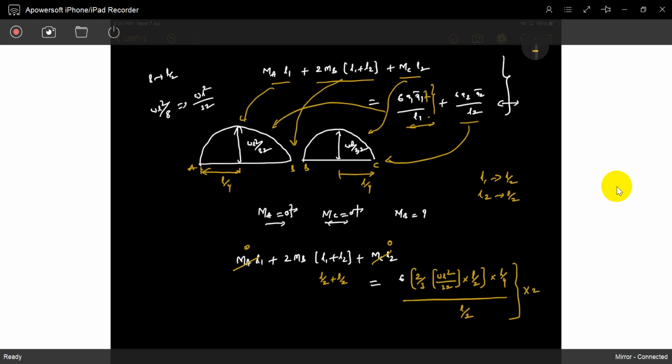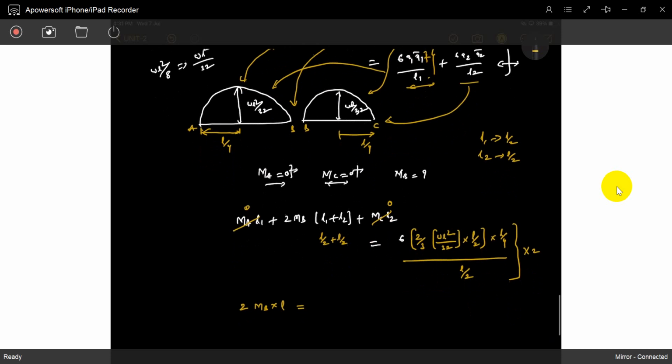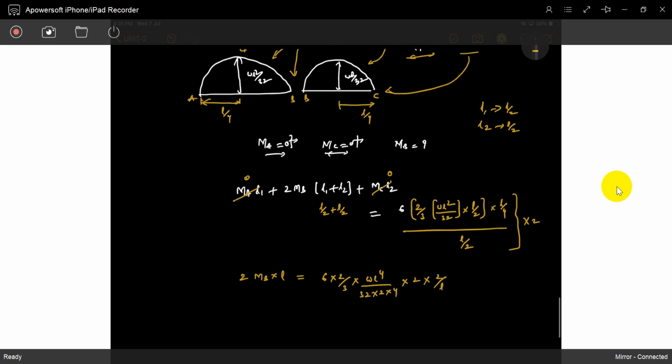So 2MBL is equal to 6 times 2 by 3 times W L square by 32 times L by 2, into 2 by L. The 2s cancel, and what is 6 by 32 into 3?